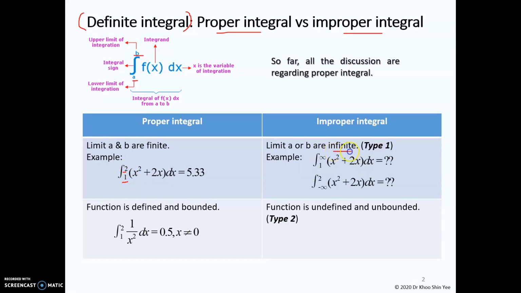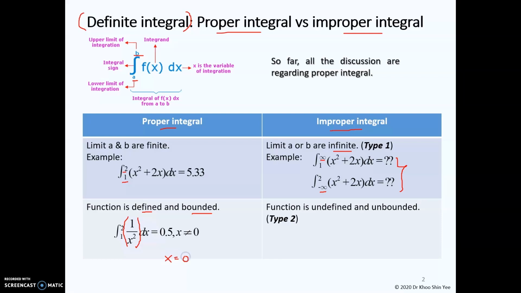However, if you have an infinite number at the upper or the lower limit, then this type of integration is called the improper integral. For the proper integral, the function inside this integration must be well defined and bounded. For example, in this case, the function 1 over x squared will become infinity and undefined when you substitute x equal to 0.